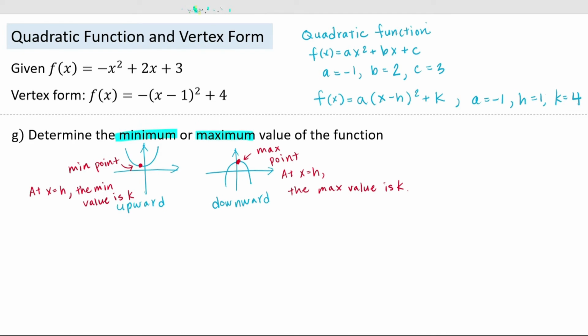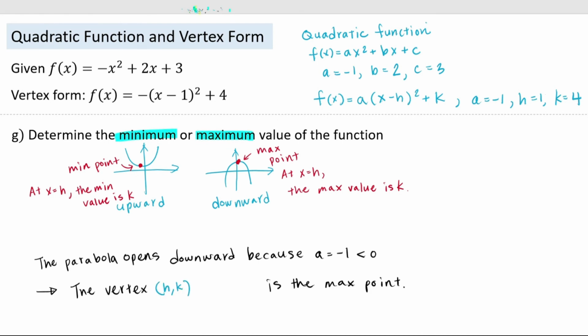From part A, we know that the parabola opens downward, so there is a maximum point. The vertex is h, k. Because h is equal to 1 and k is equal to 4, we have 1 and 4. So at x is equal to 1, the maximum value is 4.